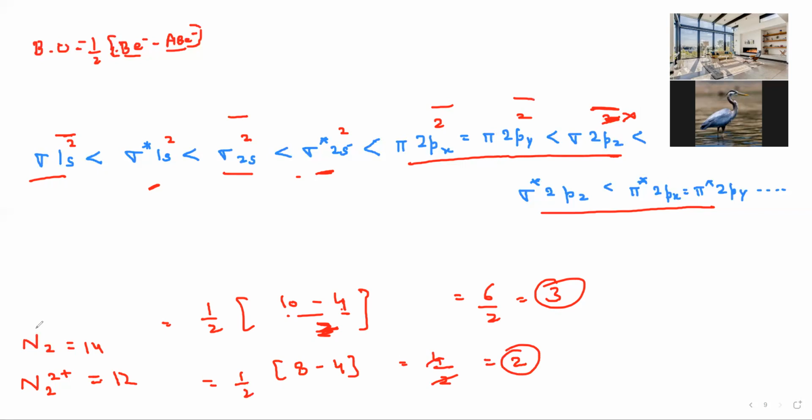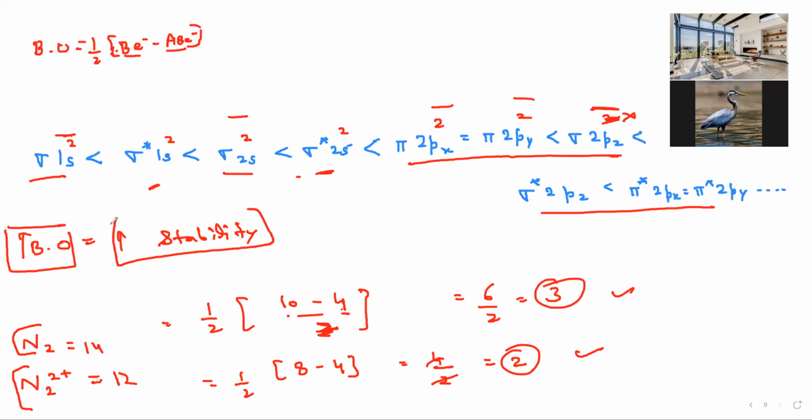So just tell me, out of N2 and N2 2 plus, which one is more stable? N2. I told you, the more the bond order, the more the stability. I thought you said less number of electrons is more stable.